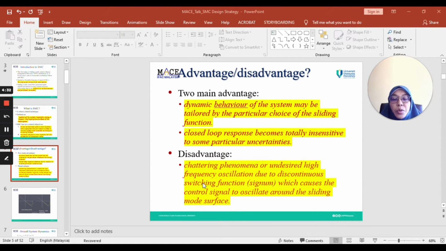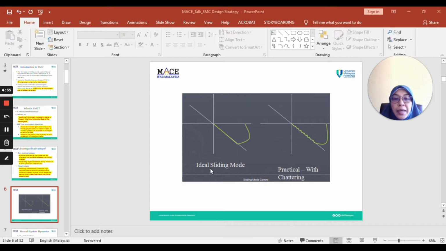The disadvantage or drawback of the SMC is the chattering phenomenon, an undesired high frequency oscillation due to the discontinuous switching function that we use, which is the sign function, which causes the signal to oscillate around the sliding mode surface. So this is the ideal sliding mode, and the practical sliding mode always comes with chattering at this sliding surface.